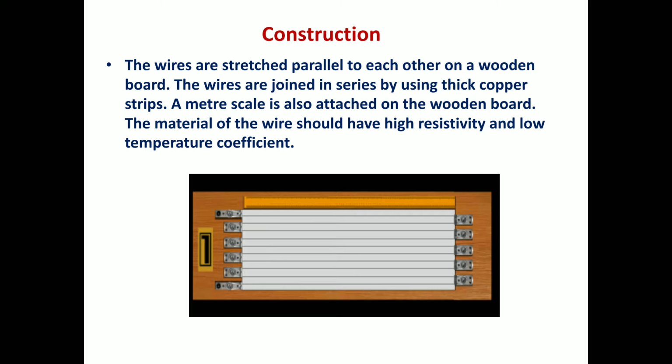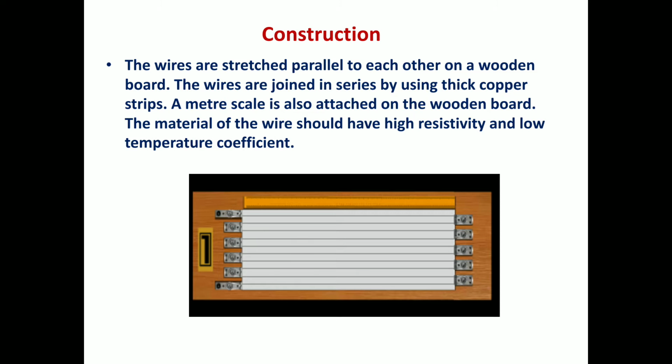Another important thing is the material of the wire. The wire should have high resistivity and low temperature coefficient. Low temperature coefficient means its resistivity should change only by a very small amount with the rise or fall in temperature.